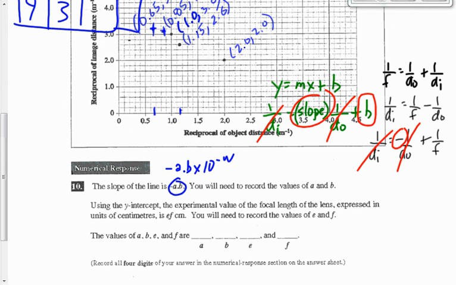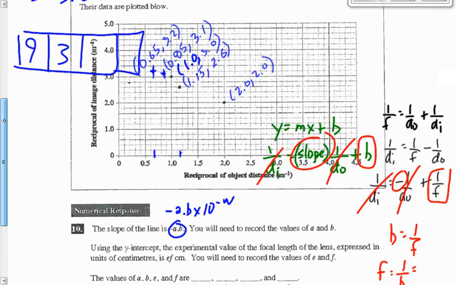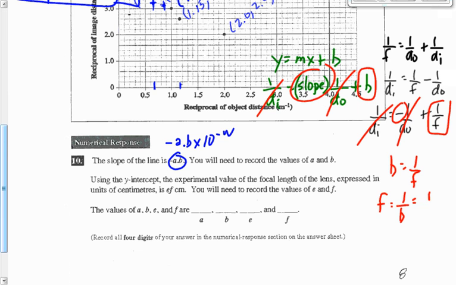What about b, the y-intercept? Its value is 1 over f. So f is equal to 1 over b. We found the y-intercept to be 3.8255, so it's 1 over 3.8255.